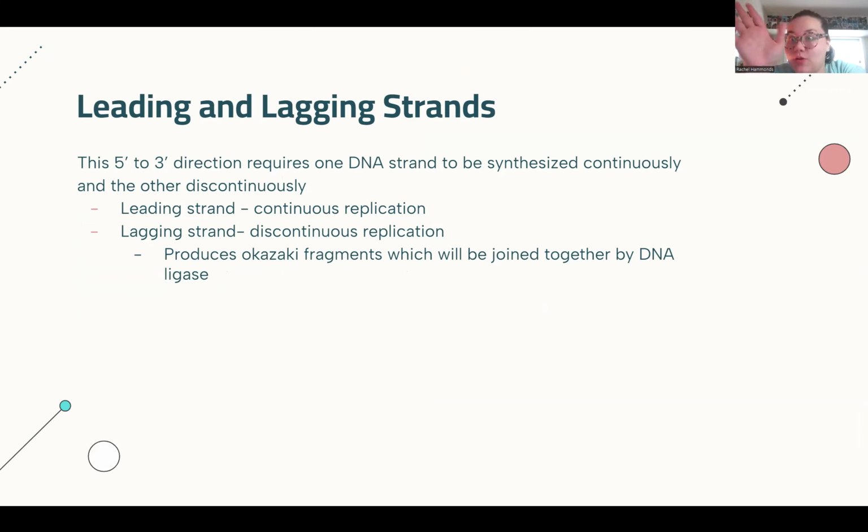It doesn't stop. There's no stopping until it reaches the end point. The lagging strand is the one that goes 3' to 5', and it's discontinuous replication. So it's replicating in short bursts. That produces Okazaki fragments, which will eventually be joined together by DNA ligase to create one entire new DNA strand.